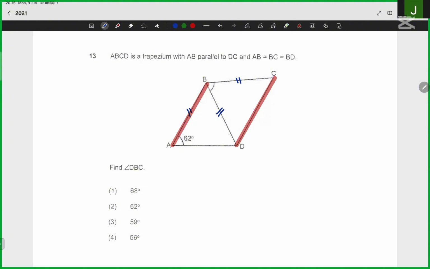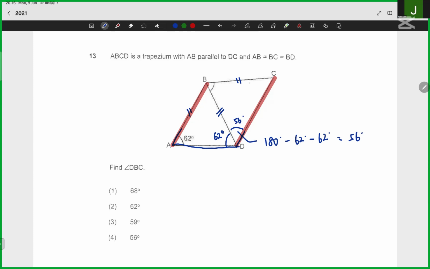Then that means this is isosceles, so this must be 62 degrees. And since the lines are parallel, the angles in between the parallel lines will add up to 180. So this angle will be 180 minus 62 minus 62, which is 56. So this is 56 degrees.